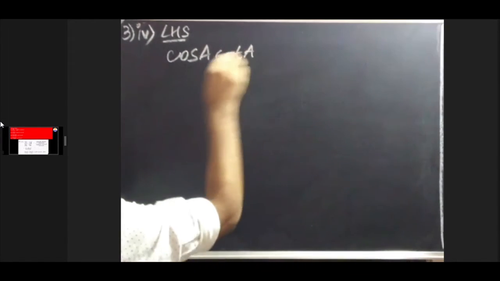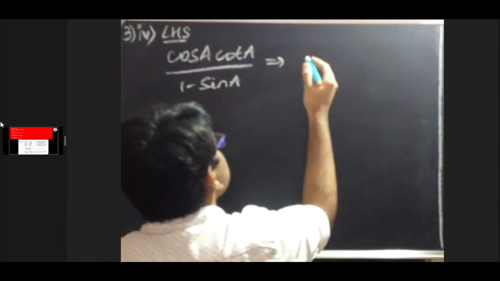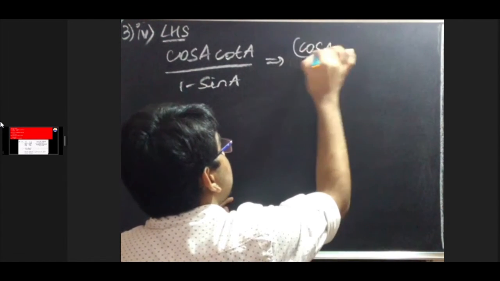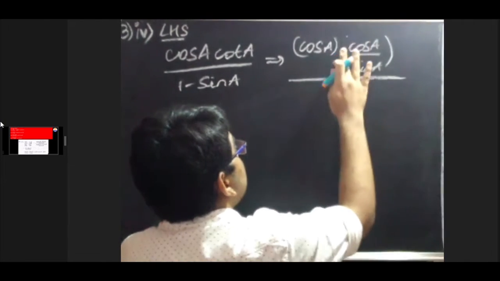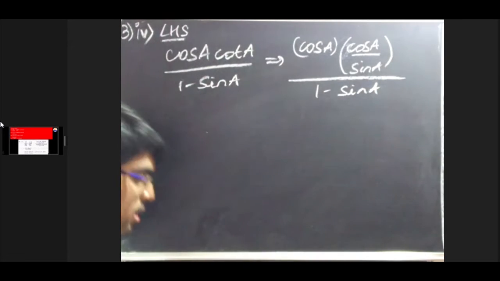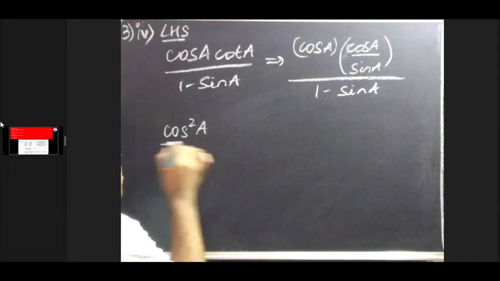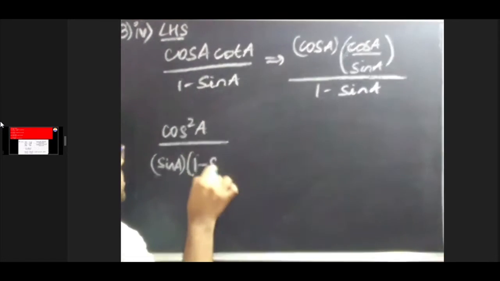Starting with the LHS, cos A divided by 1 minus sin A, which implies cos A into cos A by sin A divided by 1 minus sin A. Cos A into cos A is nothing but cos square A divided by sin A into 1 minus sin A.